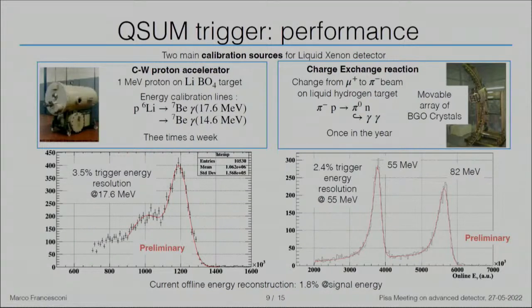And once a year, we do a calibration run using a pion beam that does a charge exchange on a liquid hydrogen target. From that one, we get 2 calibration lines. The overall trigger energy resolution was measured to be 2.4% at energies near the signal energy, which is not far from the 1.8% that can be reconstructed offline.